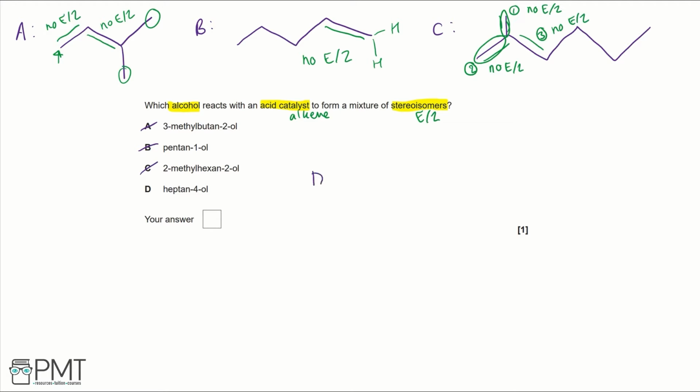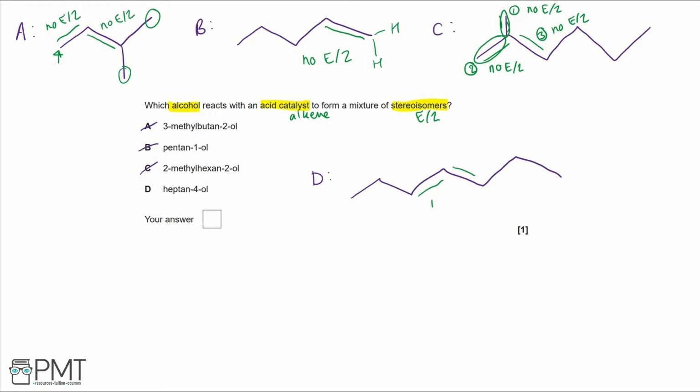And finally, if we draw out D, that's heptan-4-ol. So we need a 7-carbon chain. So here we've drawn a 7-carbon chain, and we want an alcohol on carbon number 4, which would be here. And then if we draw its alkenes, we can either form one here or here, and then we will rub out this OH group.